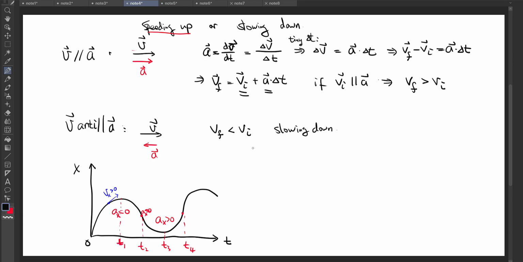Okay, so let's talk about between instant 0 and t1. In this range, the velocity is positive and acceleration is negative, as we already know, right? It's curving down. So that fits the definition of anti-parallel V and A. So the object is slowing down in this range of time.